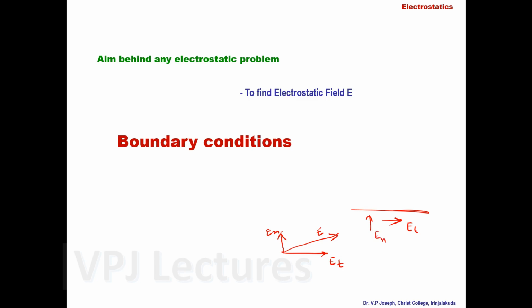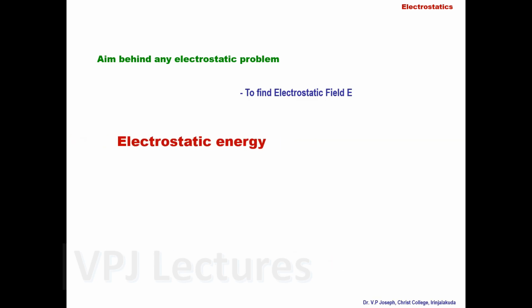Any electric field may be divided into these two forms, and we will find out what happens to the tangential component and what happens to the normal component, and how to correct the inhomogeneity situations in the case of an electrostatic problem. So that is the problem of boundary conditions.